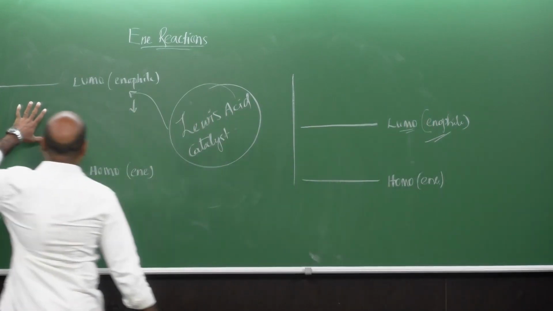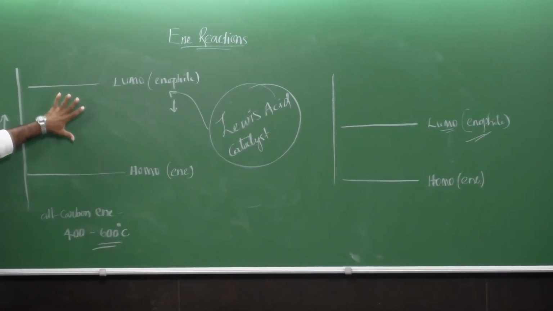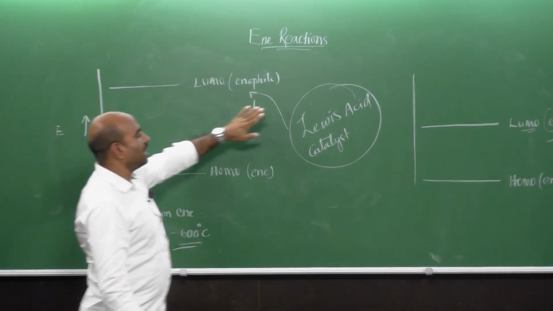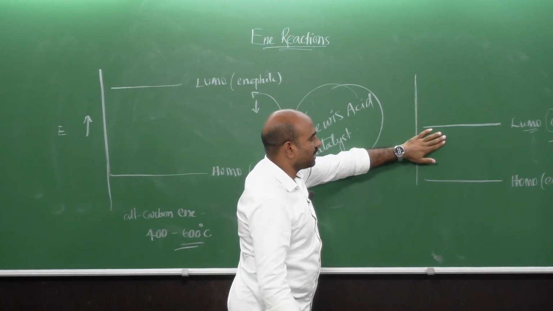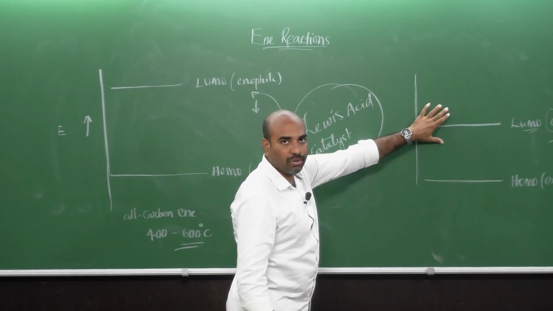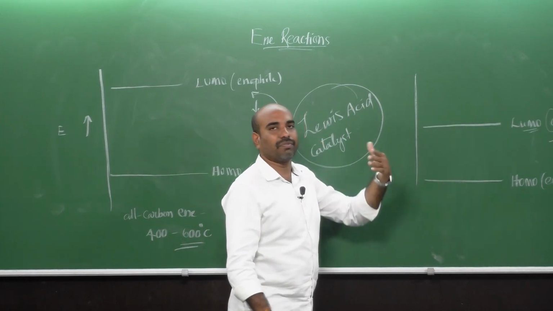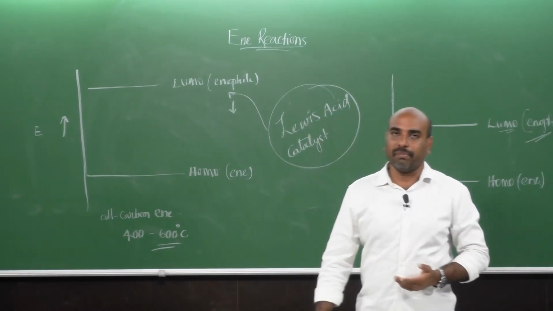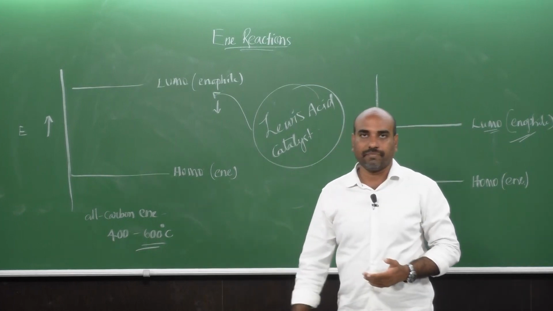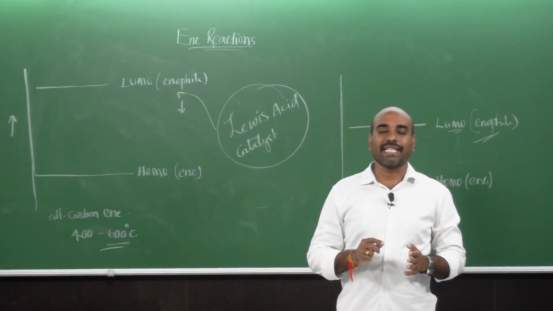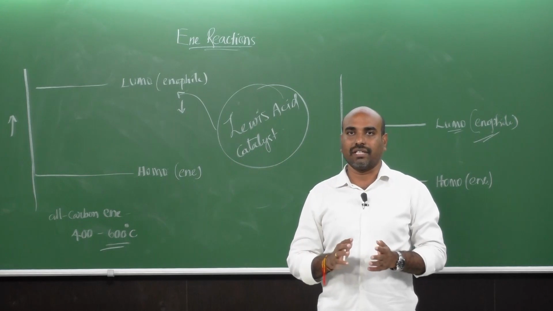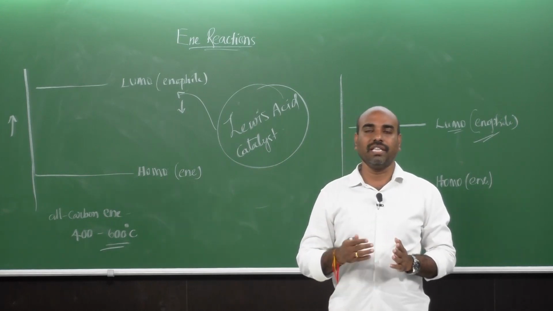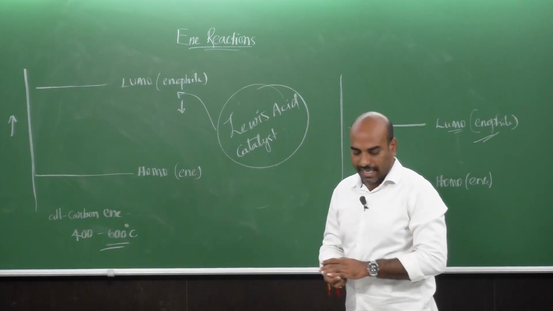Without Lewis acid catalyst, what you could see here is it requires a huge amount of energy, whereas in the presence of a Lewis acid catalyst, the energy of the LUMO has drastically decreased, and therefore, the reaction becomes feasible at lower temperatures compared to this one. At the same time, the selectivity of the reaction is also increased appreciably in the presence of the Lewis acid catalyst.